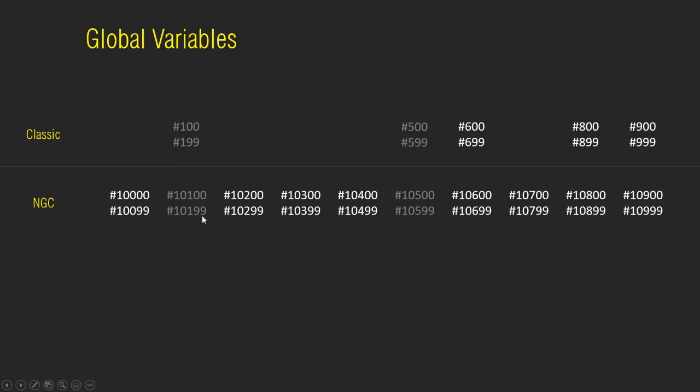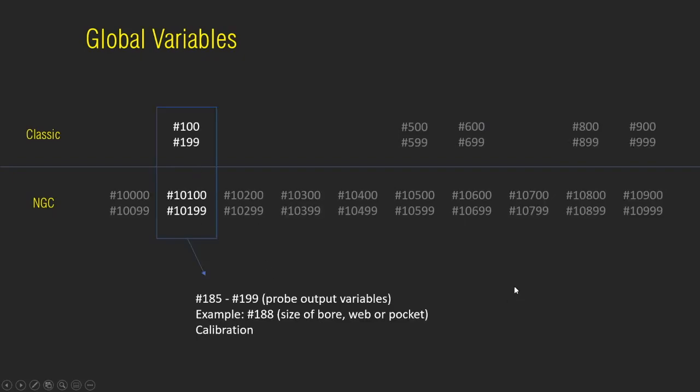And let's take a look at this first one, the 100 series, for a second. So in here, there's some calibration stuff, but the 185 through 199 are probe output variables. Again, this is something you would find in the Renishaw book that I mentioned.